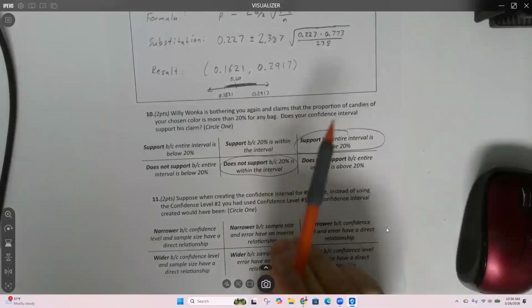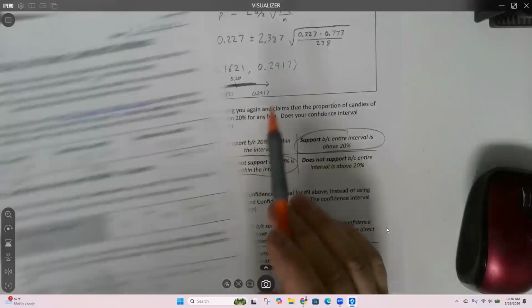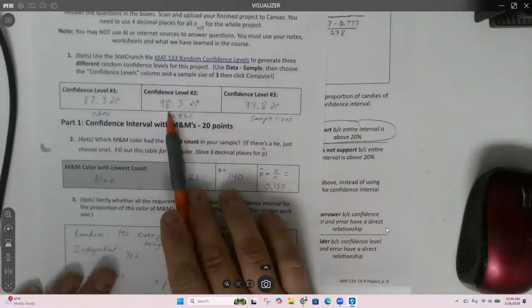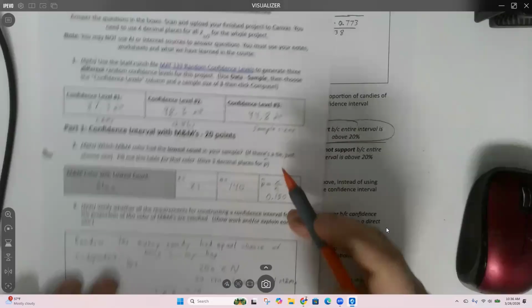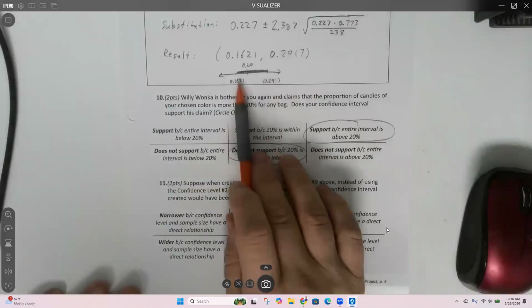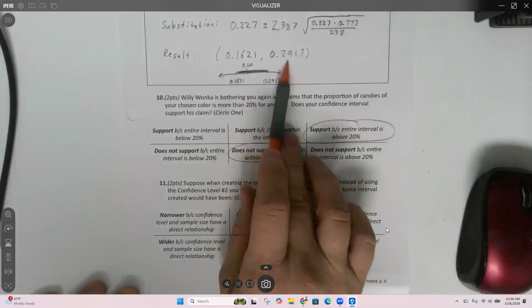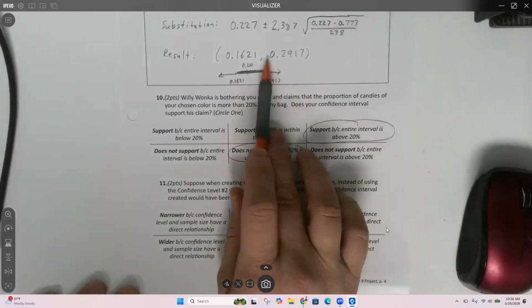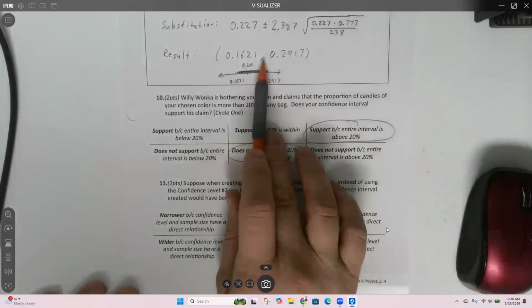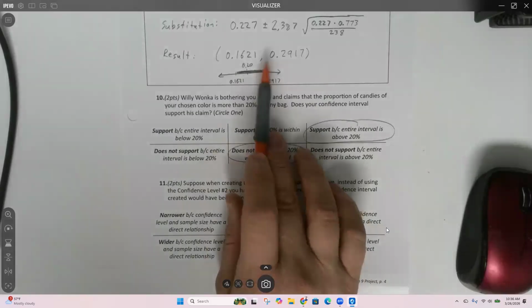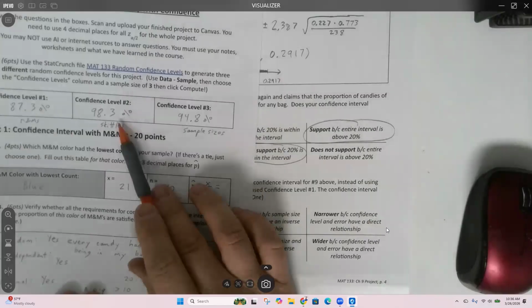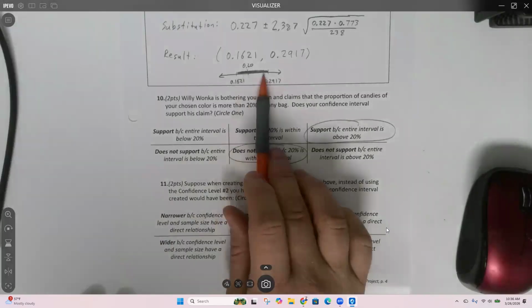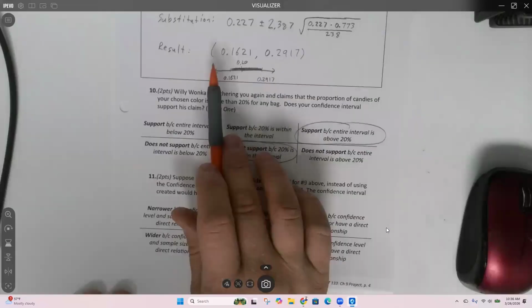In other words, I am 98% sure that the proportion of green Skittles is somewhere between 16% and 29%. I don't know what it actually is, but it's somewhere in that range. Now, that means there's a 1.7% chance that I'm wrong. There's a 1.7% chance that the true value of the proportion is outside that range.